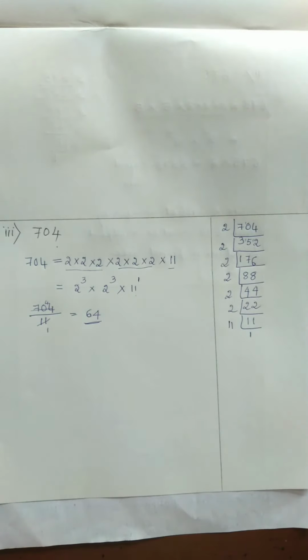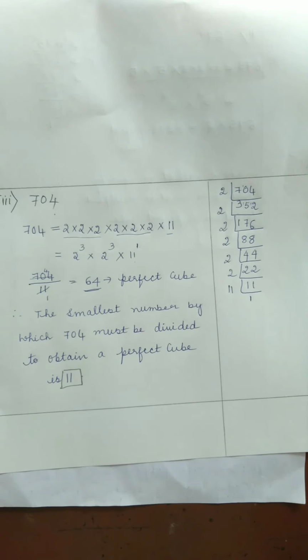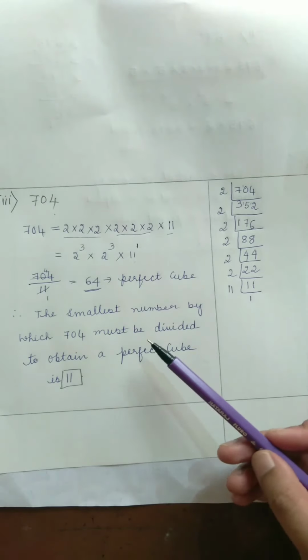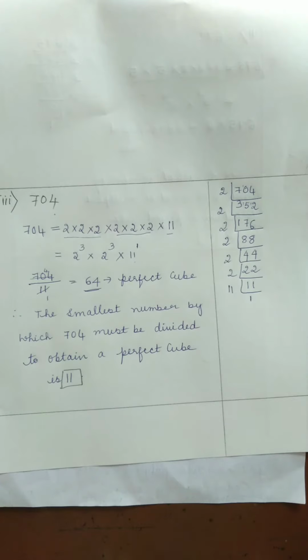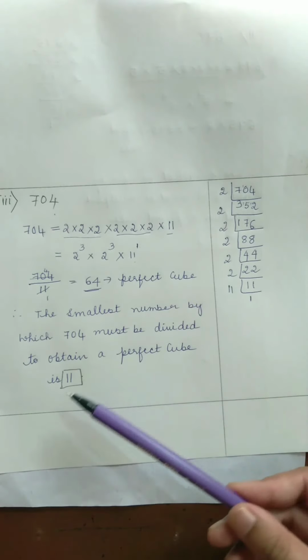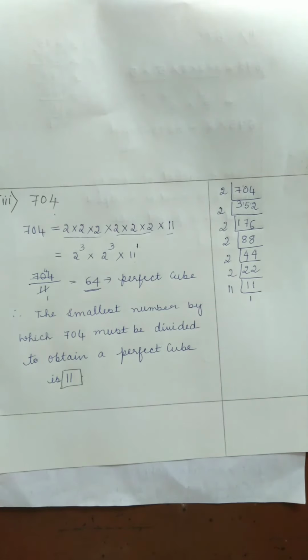Therefore, 64 is a perfect cube. Therefore, the smallest number by which 704 must be divided to obtain a perfect cube is 11. So when we divide 704 by 11, we obtain 64, which is a perfect cube. Therefore, 11 is the smallest number.